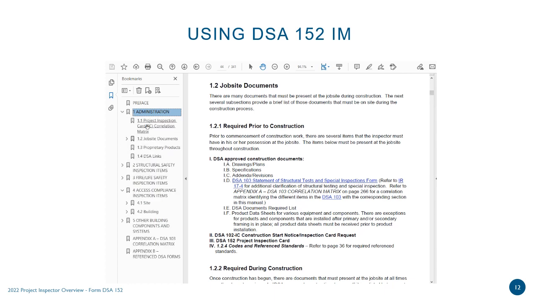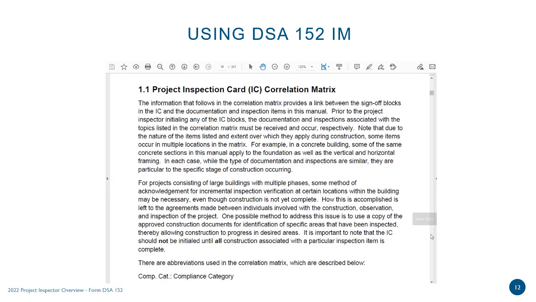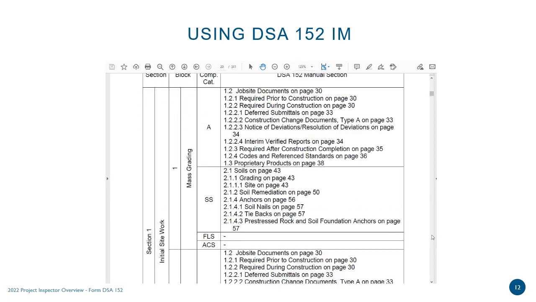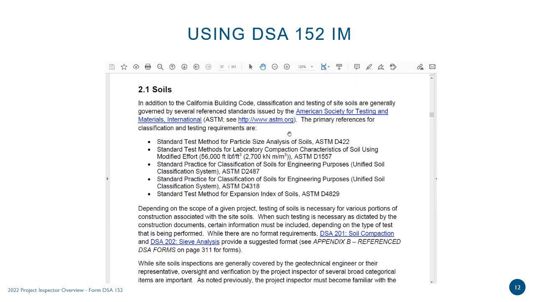Also, within the document itself, you saw that I was using some of the hyperlinked aspects within the inspection matrix. So anytime you see a hand, that's going to give you an idea about what's available as a hyperlink for some of these forms or other documents.